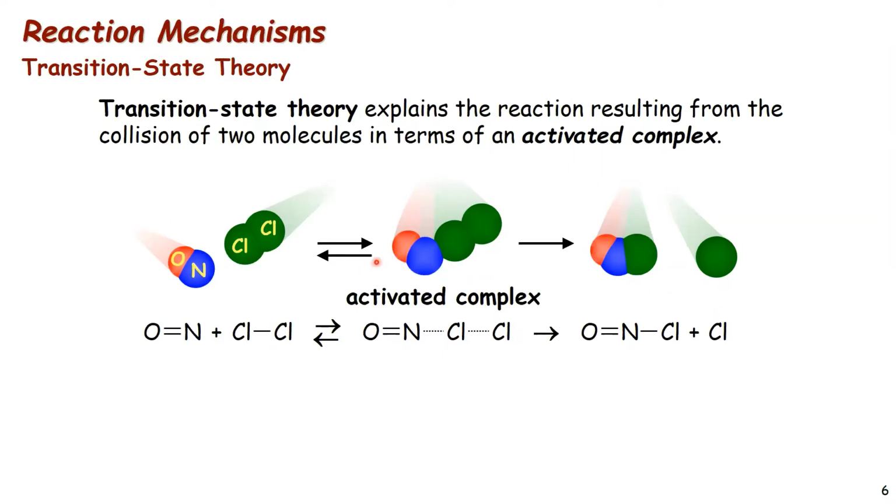Now I say if it doesn't have enough energy, it's always going to go back. But the reality is even some of those that had enough energy will still go back. We're actually going to quantify this whole idea. We're going to ignore the activated complex in a balanced chemical reaction, so we're just going to say this part goes to our products.